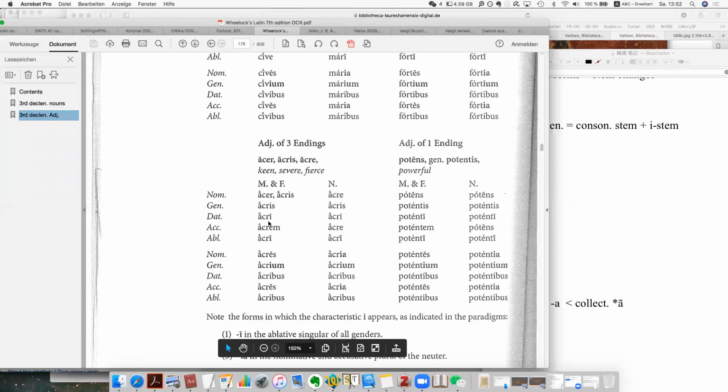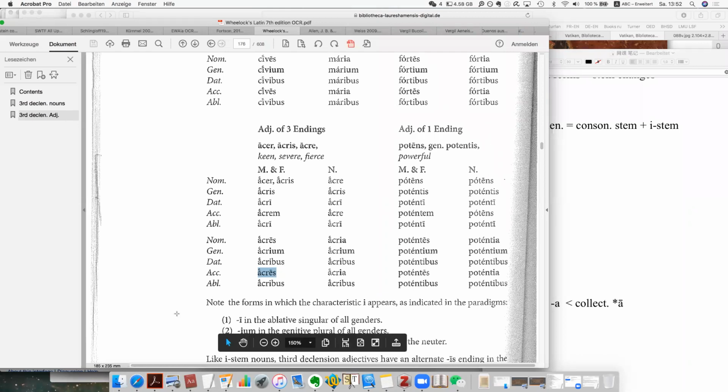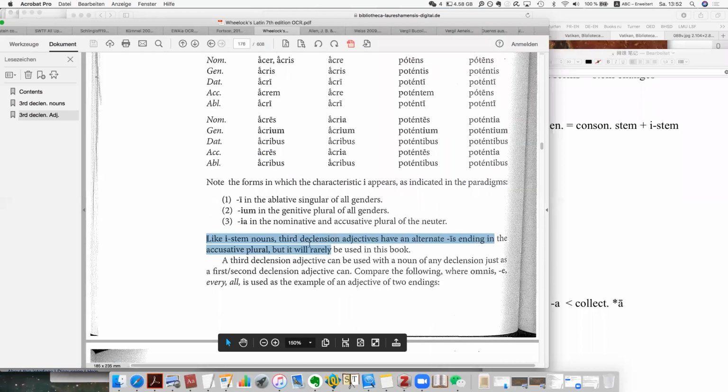We also find it in the adjectives. Today we just focus on the nominative plural and accusative plural, and you can see it's called es. But pay attention, there's a sentence saying that i-stem nouns and third declension adjectives have an alternate is ending in the accusative plural, but it will rarely be used in this book.